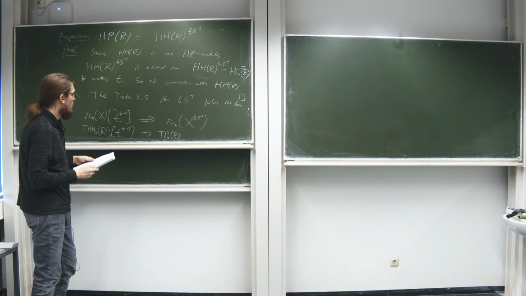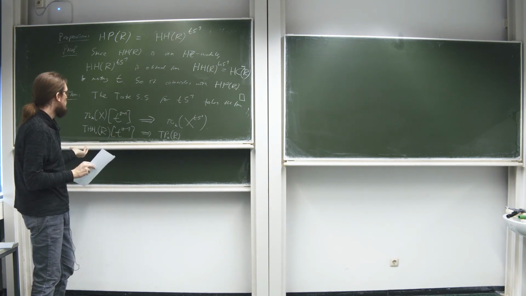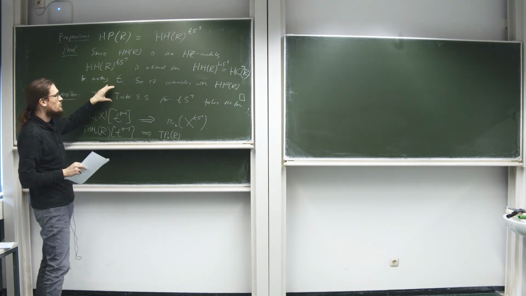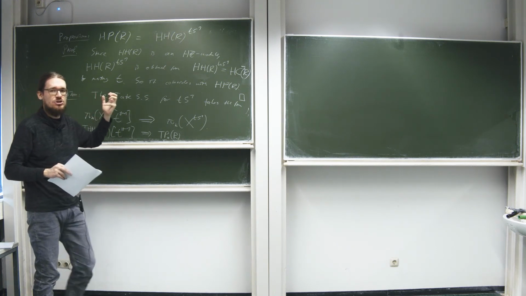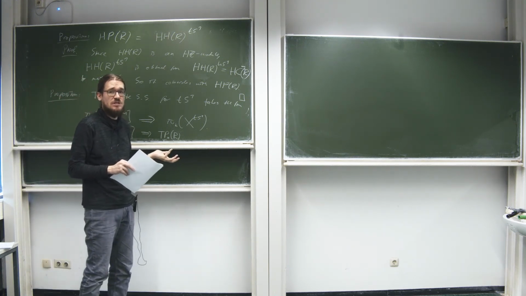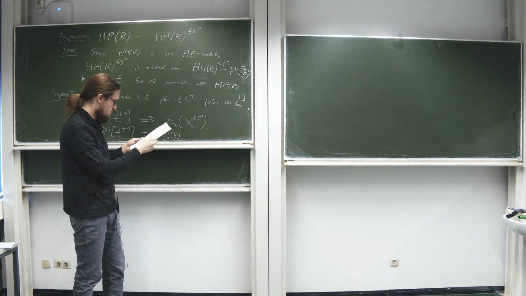So at least on the level of spectral sequences, the Tate spectral sequence really looks like a periodized version of the homotopy fixed point spectral sequence that we previously considered.